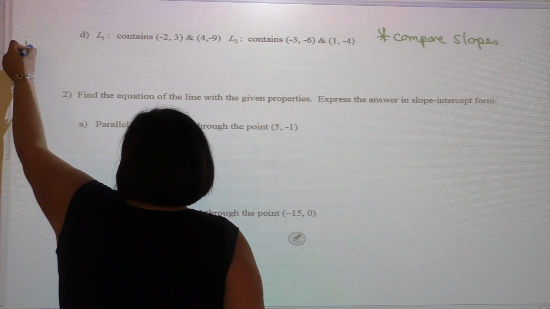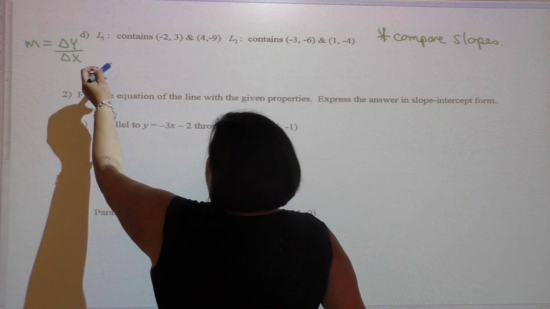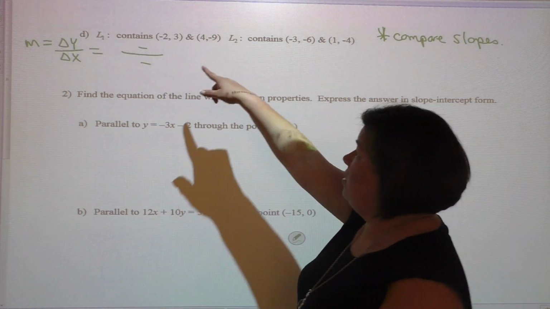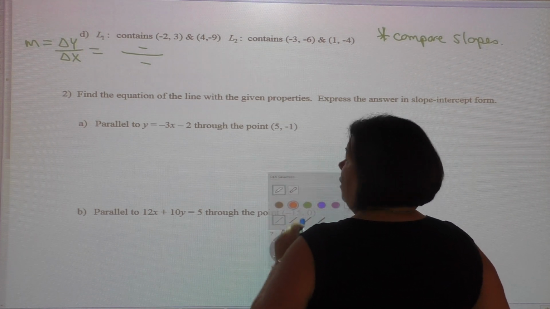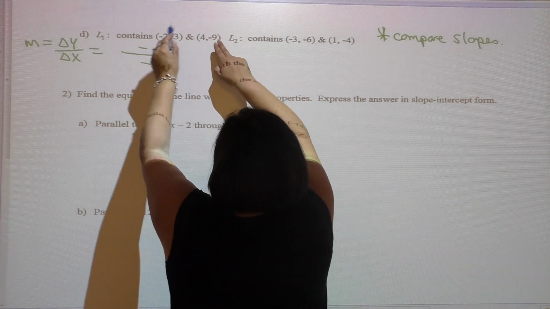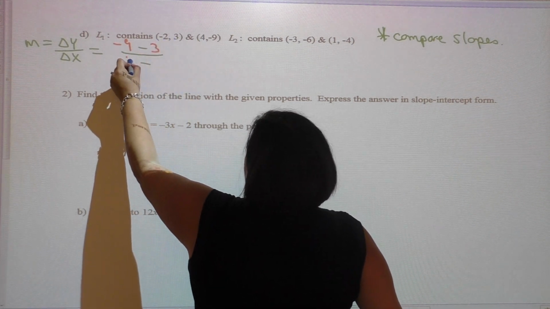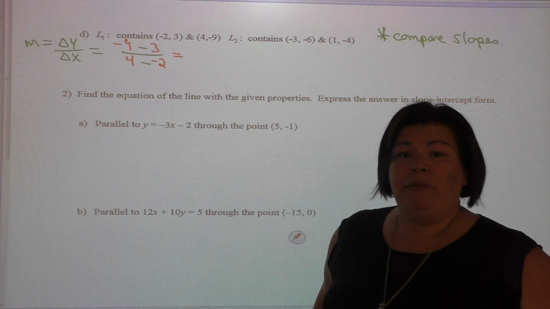Remember, your slope formula is your change of y divided by your change of x, which compares the difference of your y values in the numerator. So the difference of my y values is negative 9 minus 3 over 4 minus negative 2. And as always, simplify wherever possible.